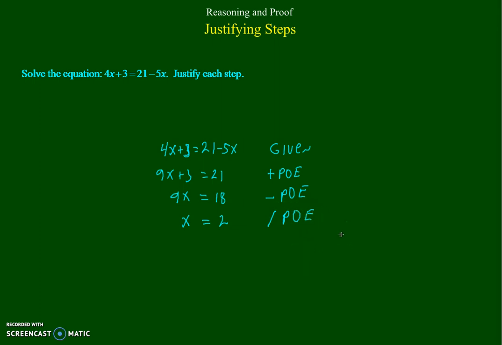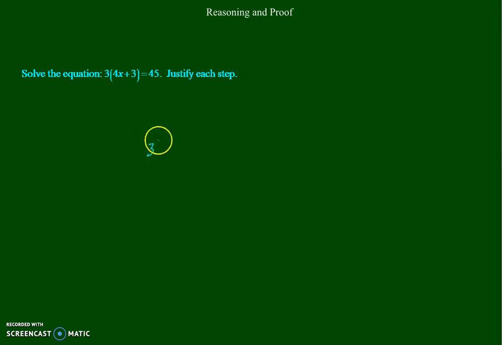Let's go ahead and work another problem and see if we can use a couple of new properties. Here we have 3 times (4x plus 3) equals 45. And again, we're going to say that's our given. So that's our reason for this. Now we have two choices here.